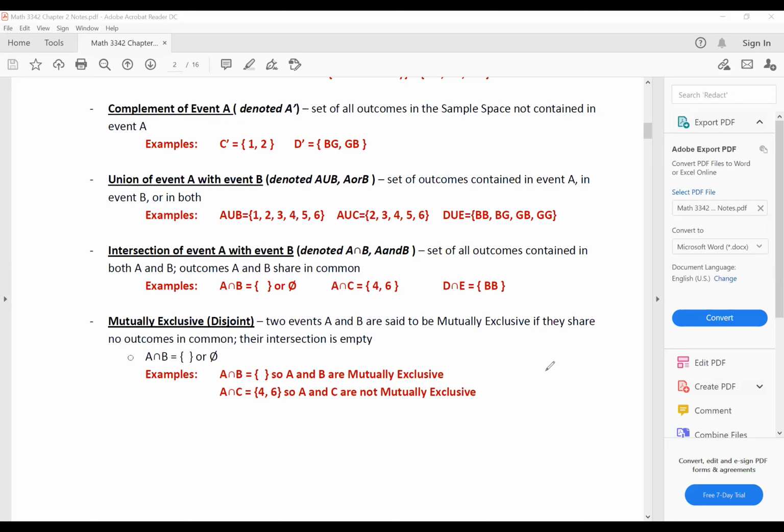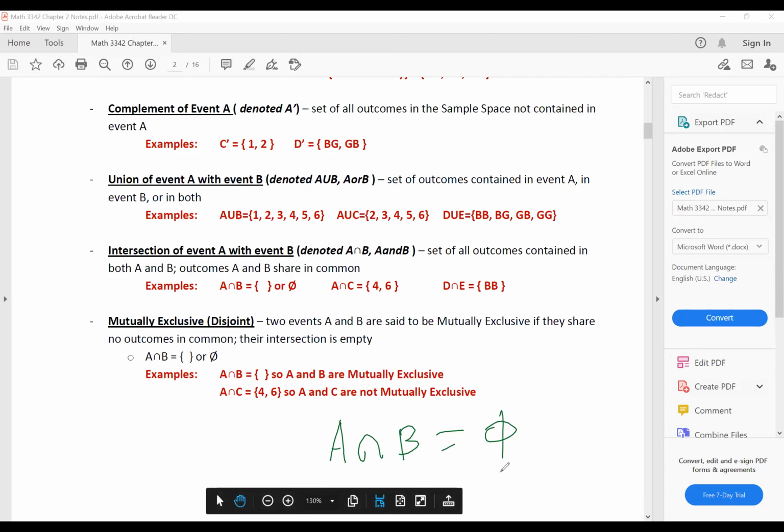That means they do not have any common outcomes. So if you take the intersection of two events, and the intersection is the empty set, then they are called mutually exclusive events.